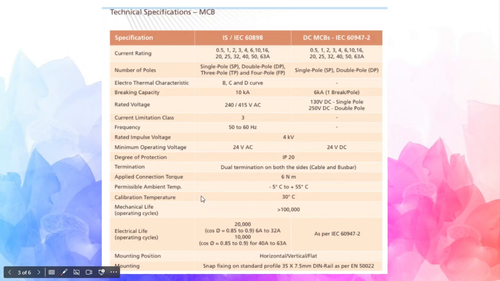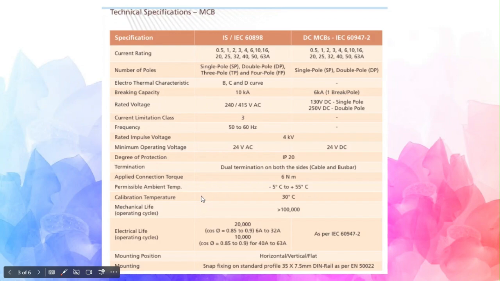It means we need to derate these currents, whatever we can see in this catalog, but truly speaking, for MCB, no one does this, but this derating is very important while using other devices like cables or transformers, HT breakers, etc.